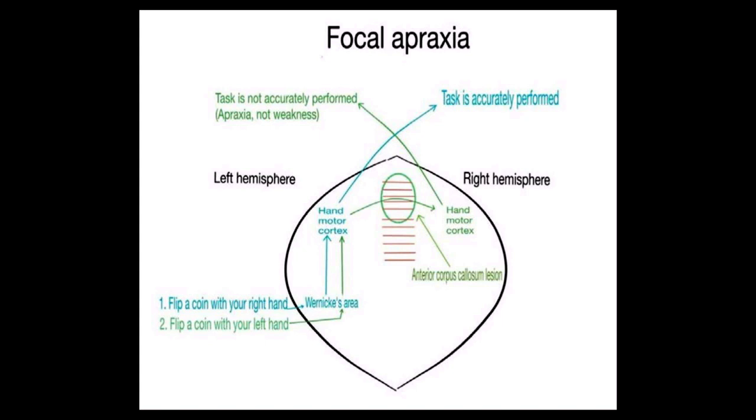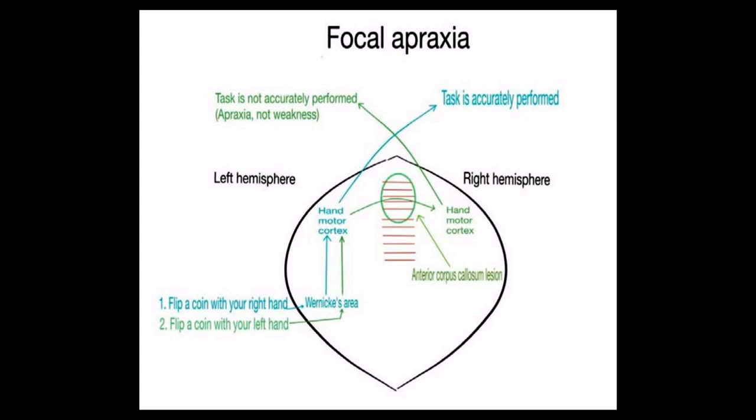And so an example of a focal apraxia, very rare, is a lesion here that involves the anterior portion of the corpus callosum. Let's say that we ask a patient to flip a coin with their right hand. How do you understand what I just said? That's Wernicke's area, right? So please flip a coin with your right hand. You understand that in Wernicke's area. I'm assuming that the patient is language dominant on the left hemisphere, so we're on the left side here.